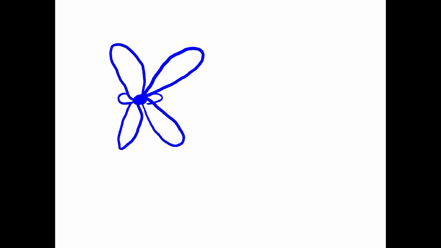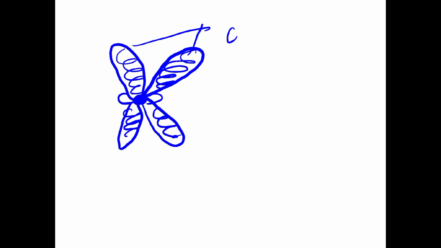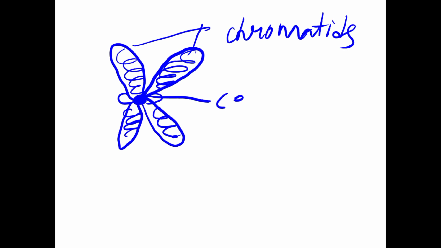This is called a chromosome, the condensed form. The chromosome is made up of DNA, and these are called chromatids. And this is called the centromere.